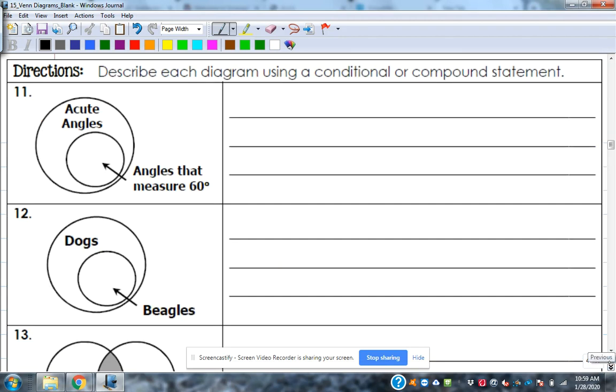Now, we're going to take a picture and then write the statement that goes with it. So describe each diagram using a conditional or compound statement, so an if-then or an and or statement. One of those. So acute angles is the larger circle, and angles that measure 60 degrees are the smaller circle. So, if angles measure 60 degrees.